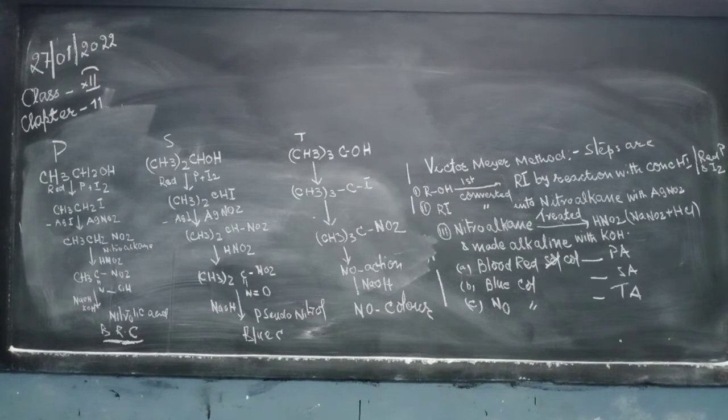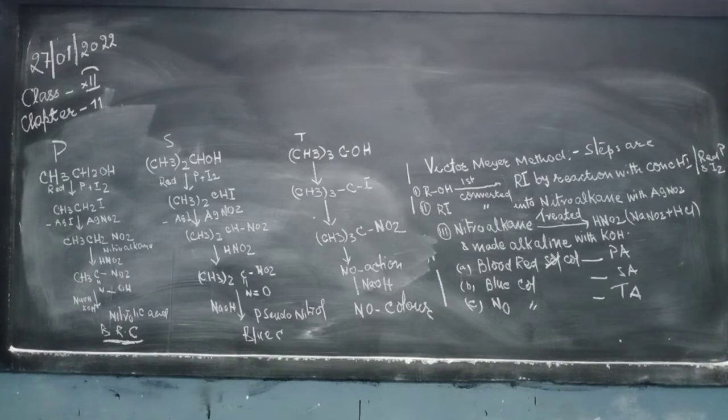The different steps are: first, alcohol is converted into alkyl iodide by reaction with concentrated HI or red phosphorus and iodine.